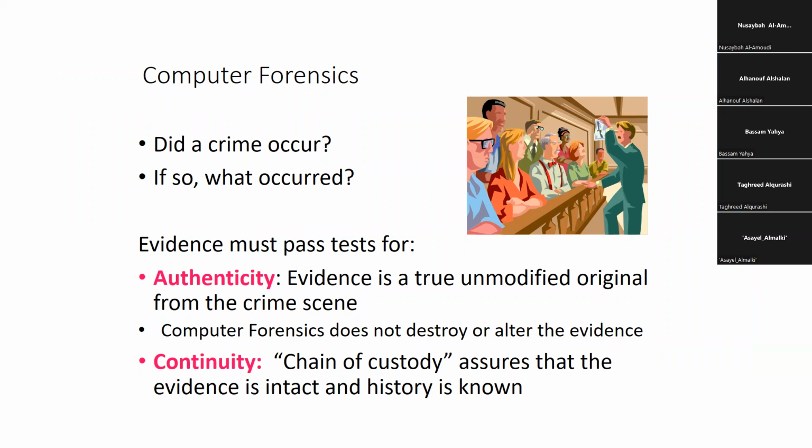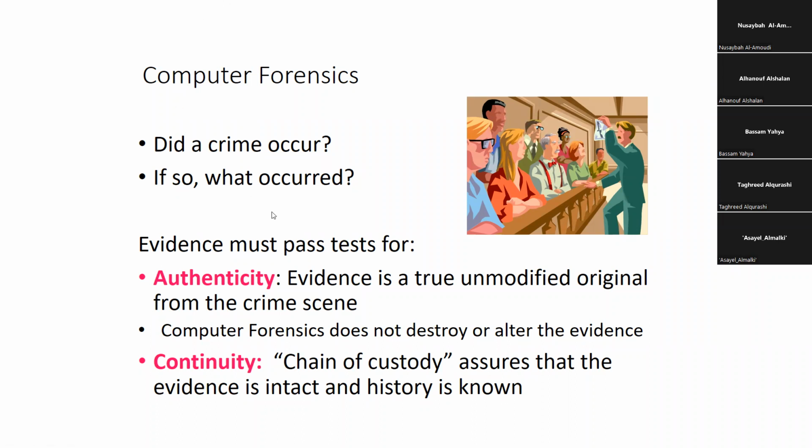If I use this computer to send a harassment email to someone, my computer is part of the crime. But if I use my computer for drug dealing, the computer itself is not doing the drug dealing. I'm doing the drug dealing, but I use the computer as a tool in this crime. So I also need to determine if the computer was a tool or was part of the crime. This is the early beginning.